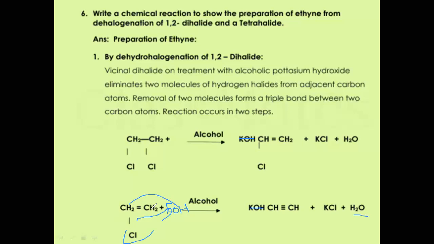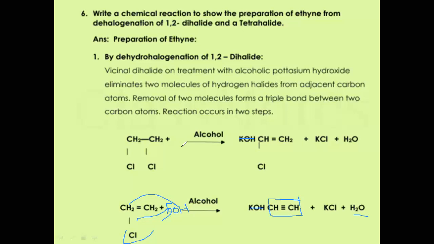So that is ethyne. Ethyne will form. So this is the dehalogenation of 1,2-dihalide.